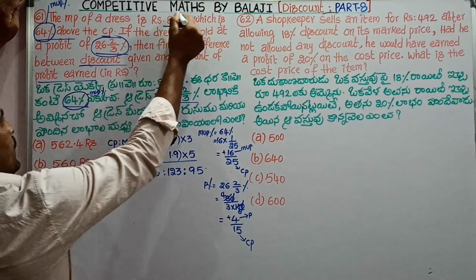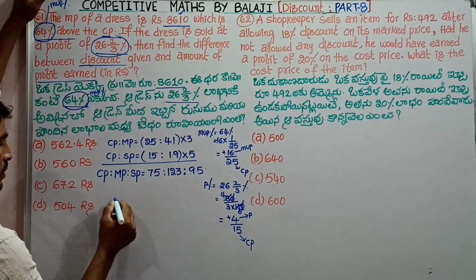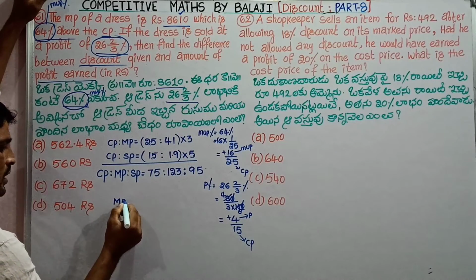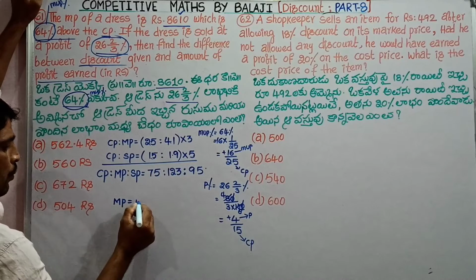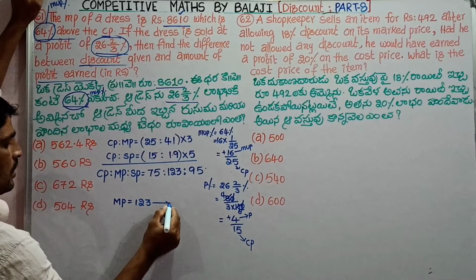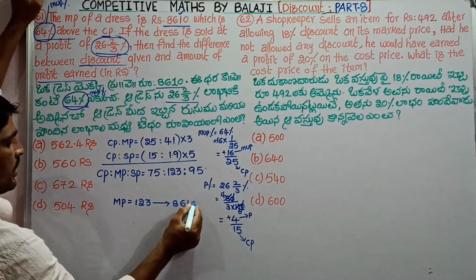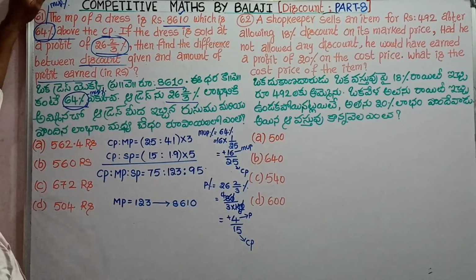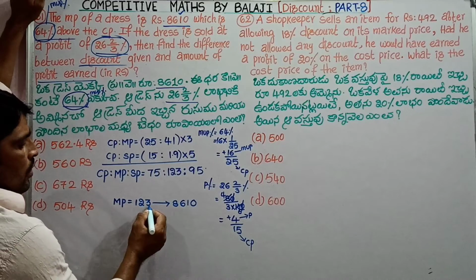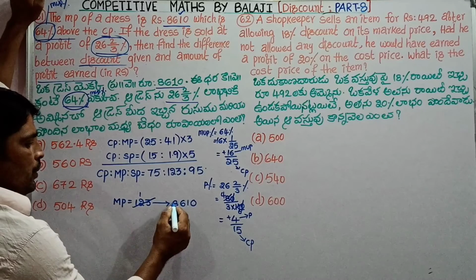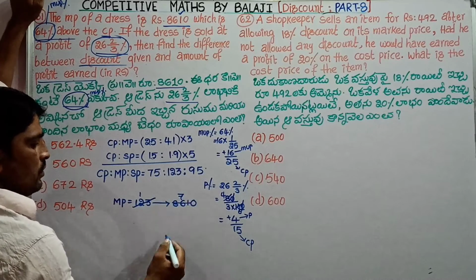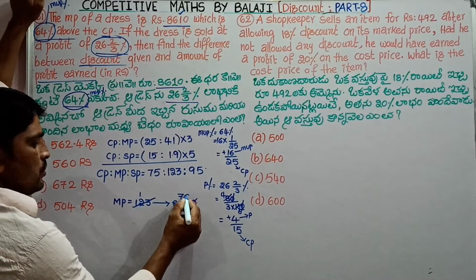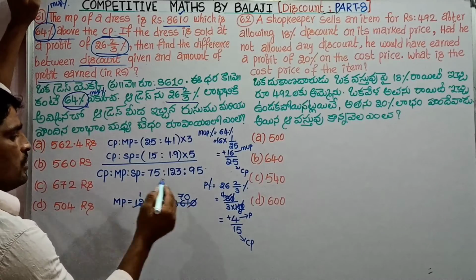Given that the market price is 8,610, that is equal to 123 units. 7 times 123 is 861, so 1 unit value is 70.